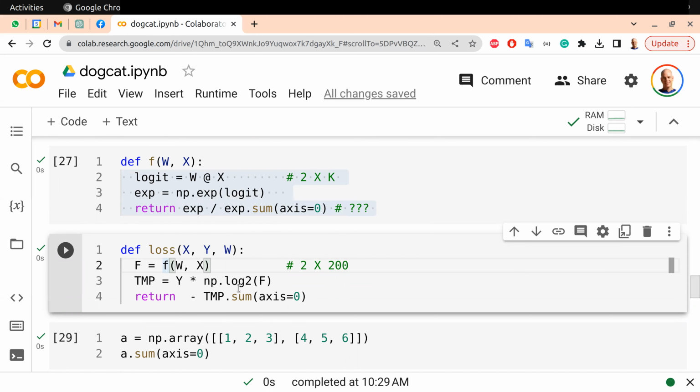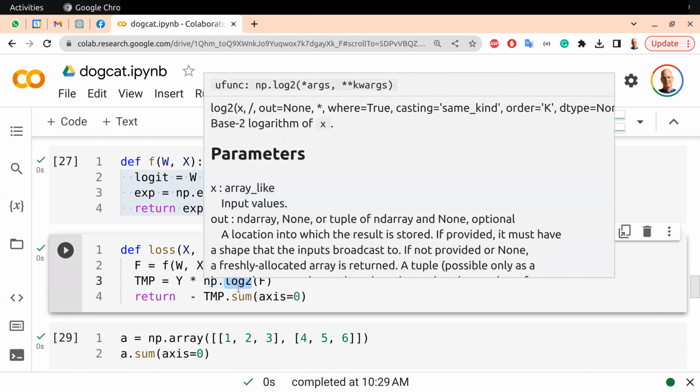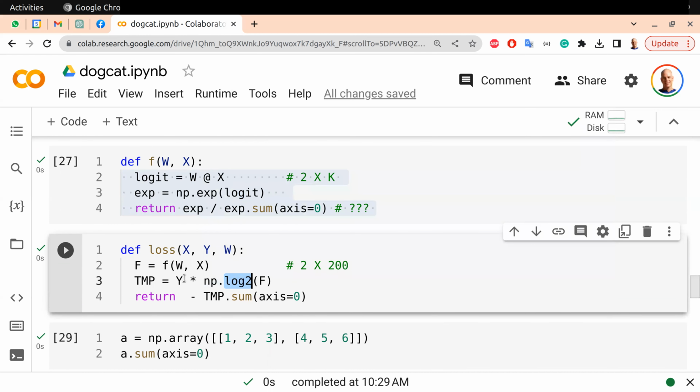And just after that, we are doing log, which is the reverse operation. We do e to the power and then log, right? So we might want to do something simpler here. You understand what I'm saying?